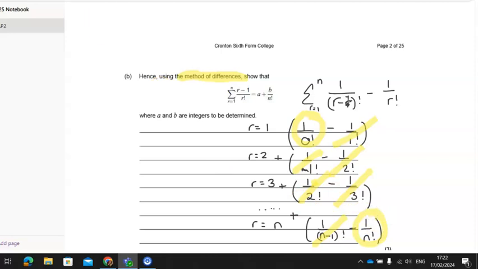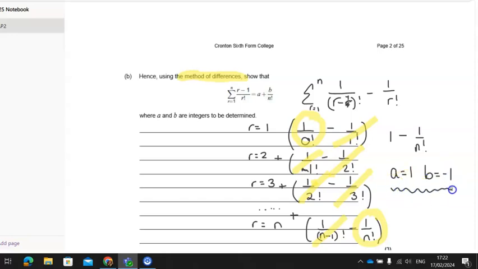So we're just left with 1 over 0 factorial, which is just equal to 1, minus our last term, 1 over n factorial. And then that is in the form that we want it in. So a is equal to 1, b is equal to minus 1.